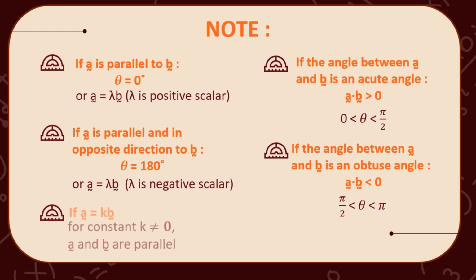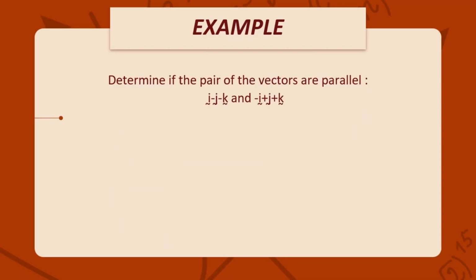If vector A is equal to k vector B, for constant k not equal to 0, then vector A and vector B are parallel. For example, determine which pair of the vectors are parallel. First, we use the concept of vector A equal to lambda vector B. Then we write the equation like this. Then we compare the coefficients of vector i, vector j and vector k. From the left hand side, the coefficient is equal to lambda.